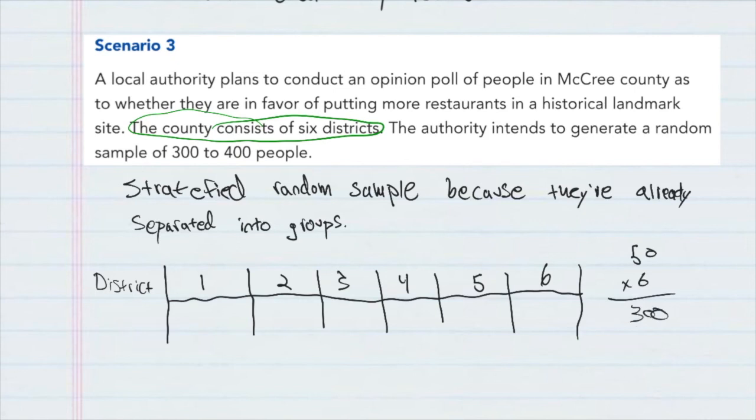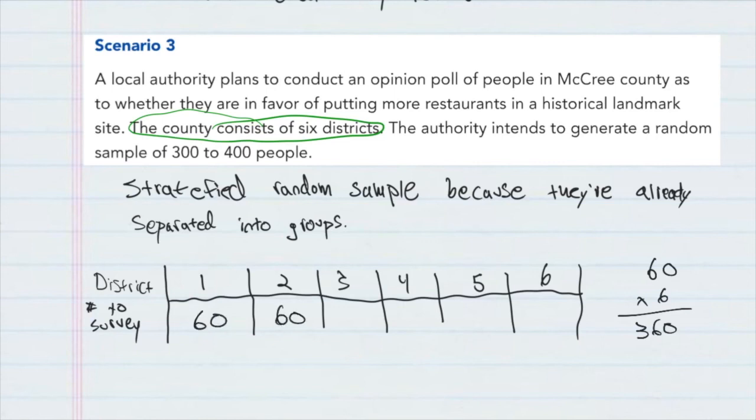But if it says 300 to 400, we want to be somewhere in the middle. So maybe instead of choosing 50 from each group, we choose 60 from each group. And we do 60 times 6, and that's 360. So that's between 300 and 400. So we can say 60.